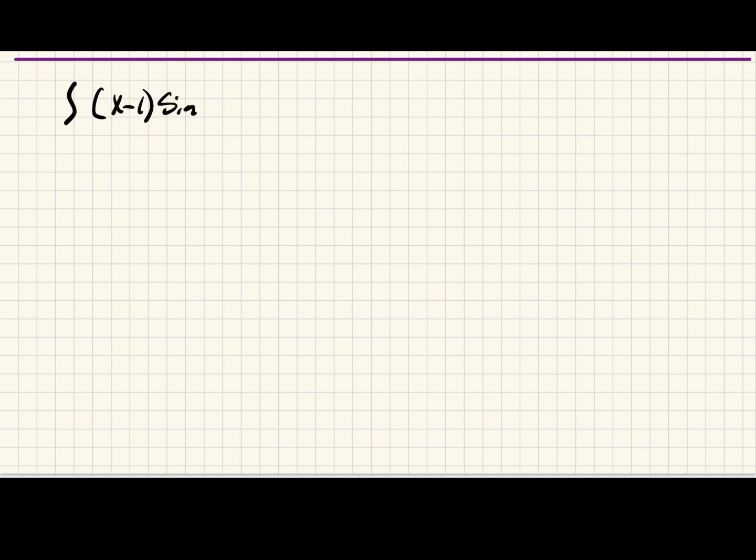All right, here we go. Integral x minus 1 sine pi x dx. What? Are you kidding me? Those functions aren't related. Okay, well, I think, though, that we have the tools to do this.